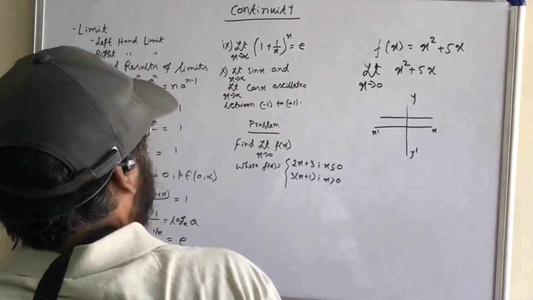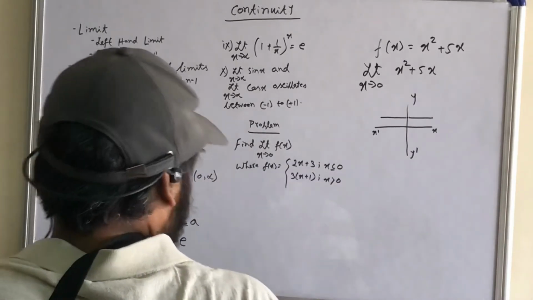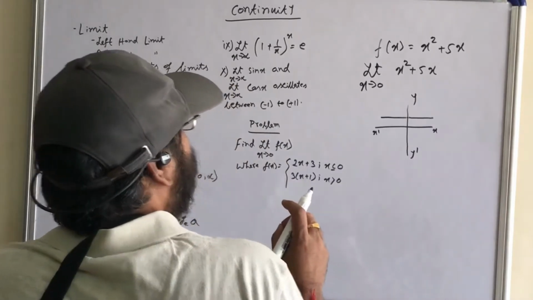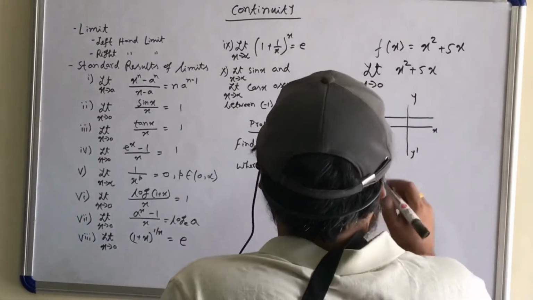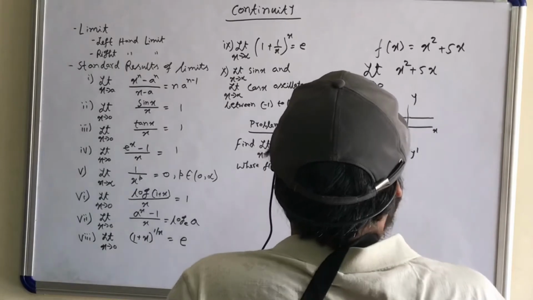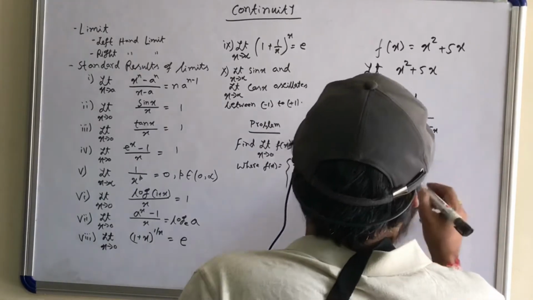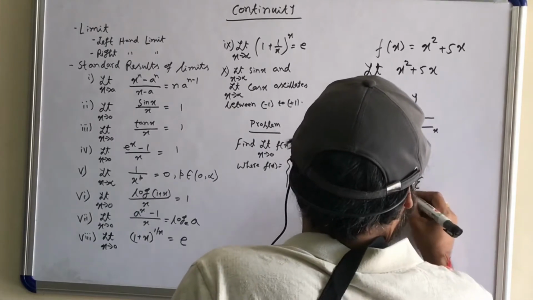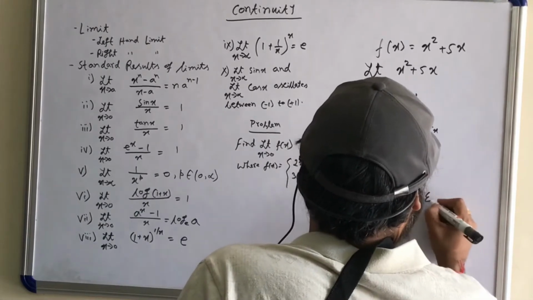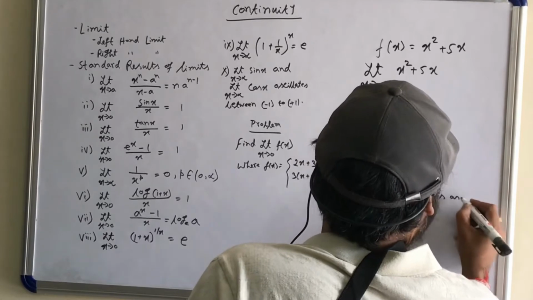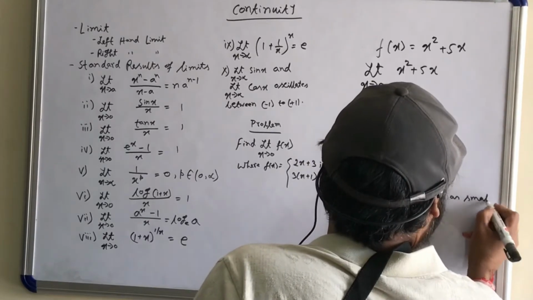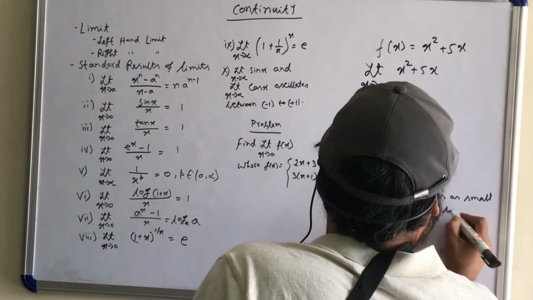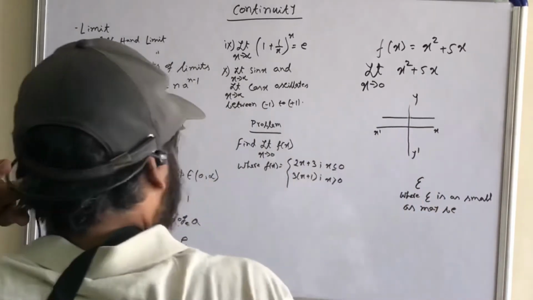What does it mean, just before the value of 0? It means the difference between the possible value of that particular function and 0 is epsilon, say epsilon, where epsilon is as small as may be. Again, it is conceptual.